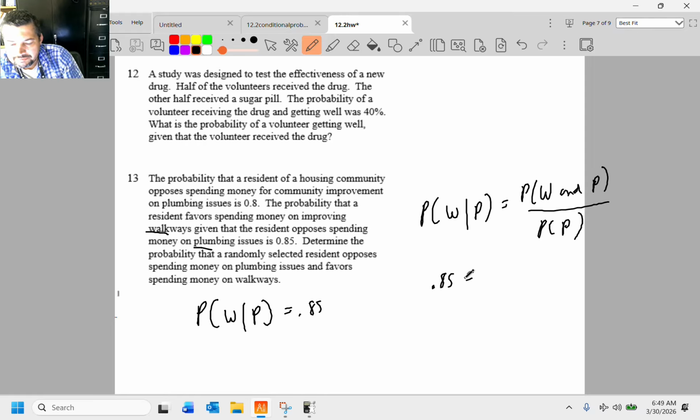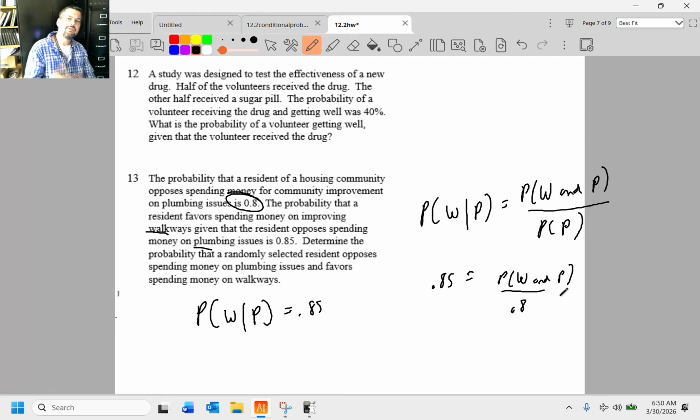All right, so let's substitute in there. The probability of opposing plumbing issues is 0.8. Now we want the probability that a randomly selected resident opposes spending money on plumbing and favors walkways. So this is what we want up here. The formulas make this stuff click because you just have to figure out where things go and then you take care of it.